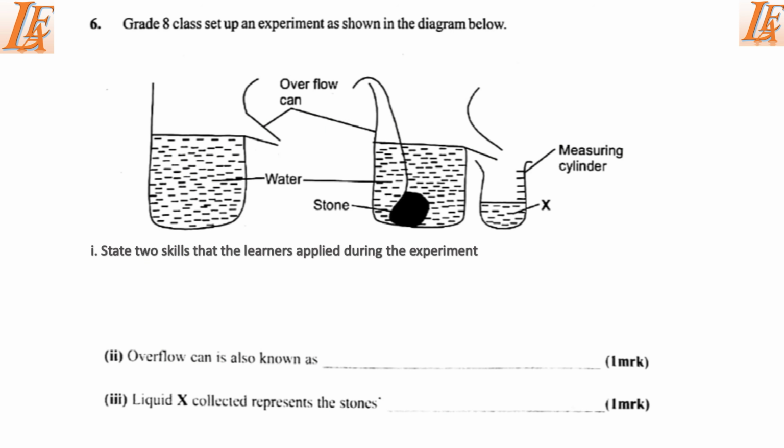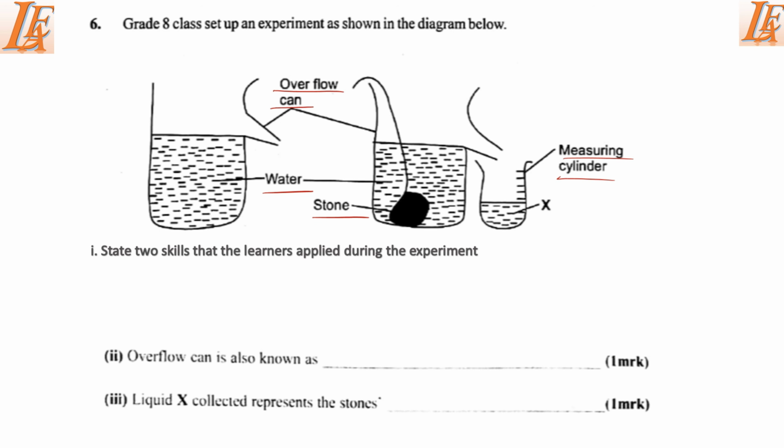Question 6. A Grade 8 class set up an experiment as shown in the diagram below. You can see a diagram here where we have an overflow can with water, a stone tied on a thread, and a measuring cylinder. The first question is, state 2 skills that the learners applied during the experiment.